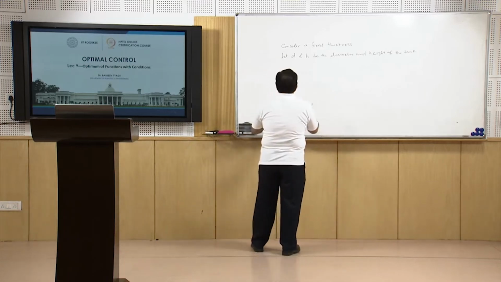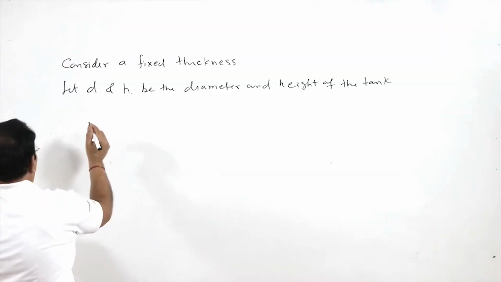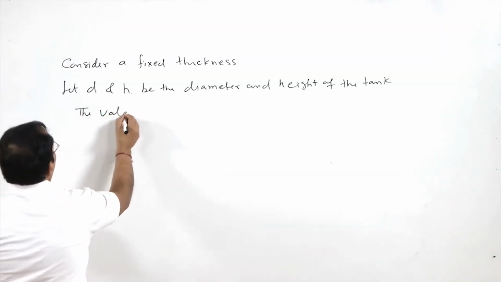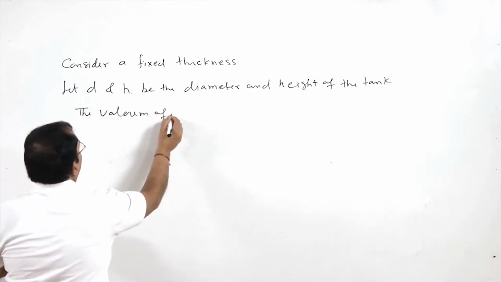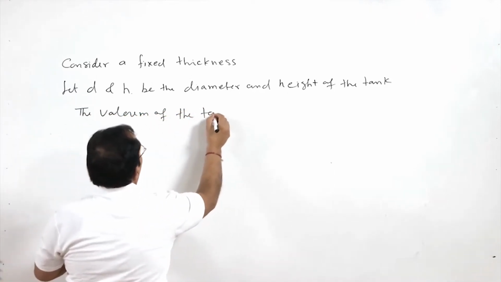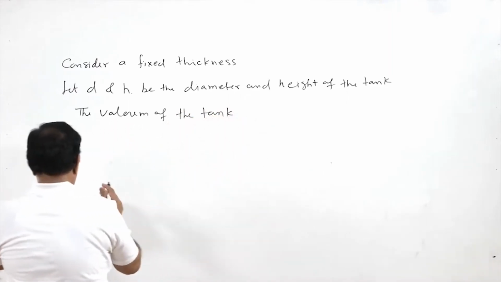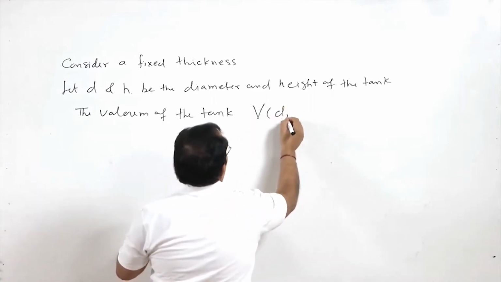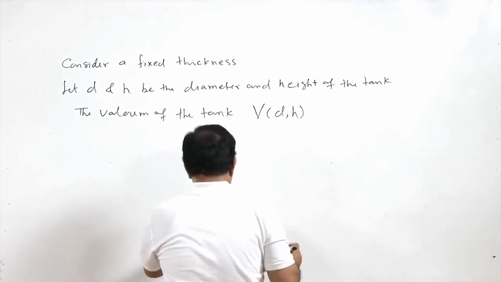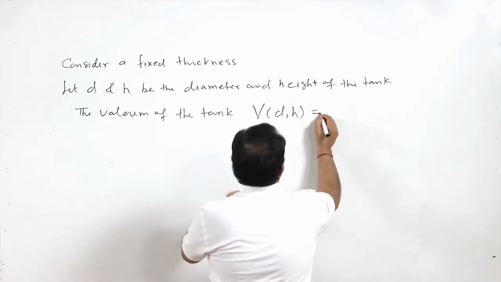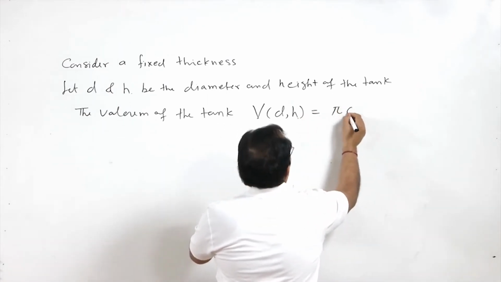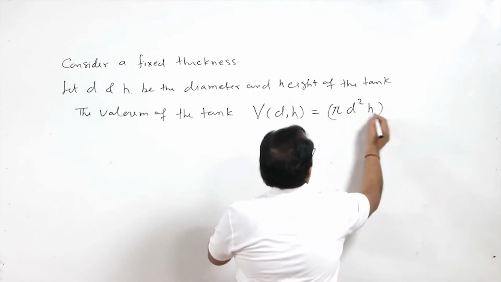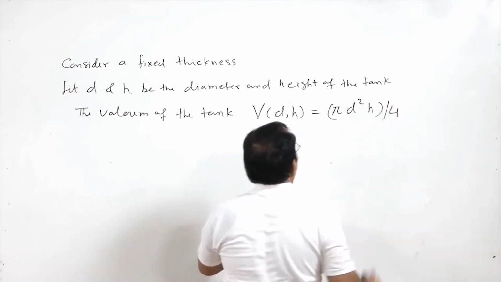So, if D is the diameter, H is the height, then the volume of the tank is a function of diameter and height, and this is nothing but pi D square H by 4.